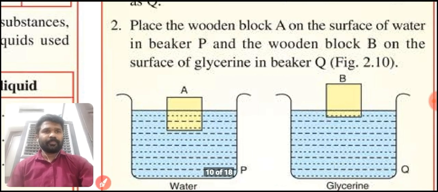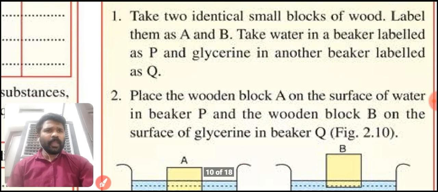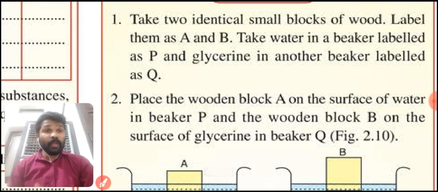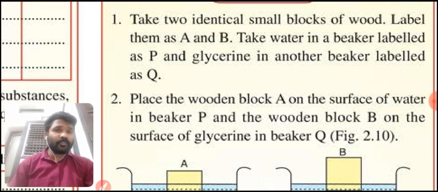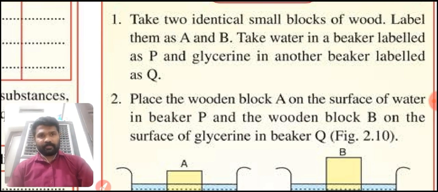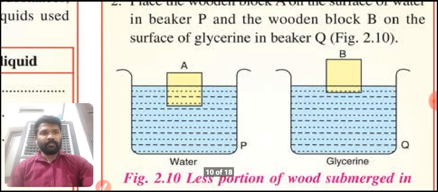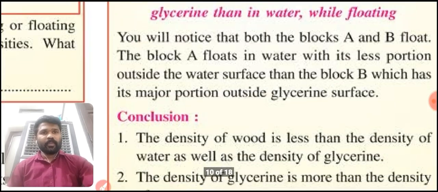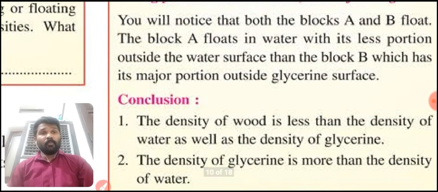Then place the wooden block A on the surface of water in beaker P and the wooden block B on the surface of glycerin in beaker Q. You will notice that both the blocks A and B float. Why?